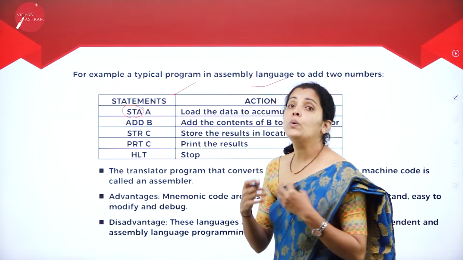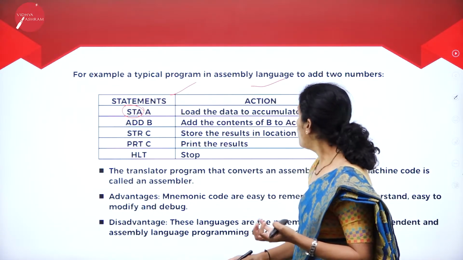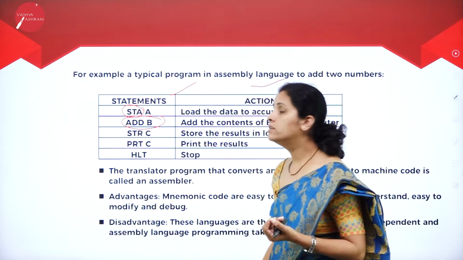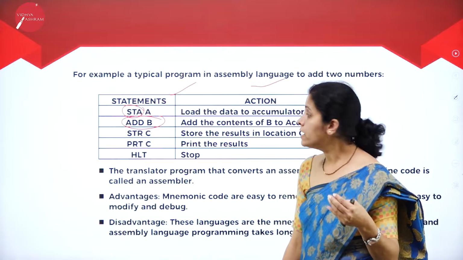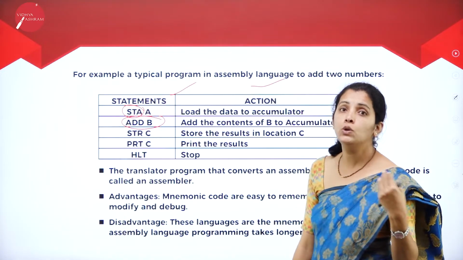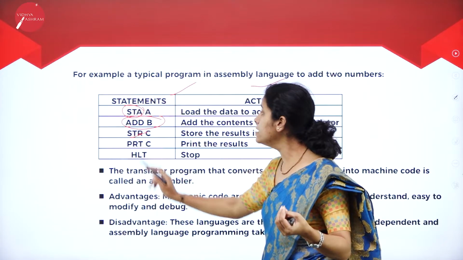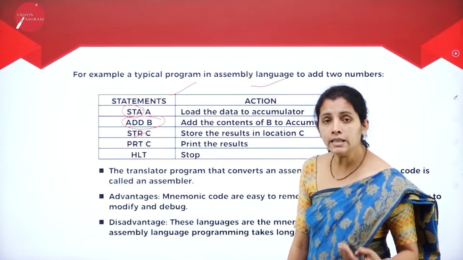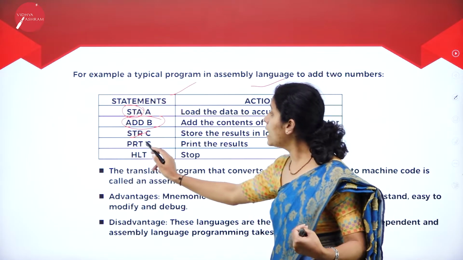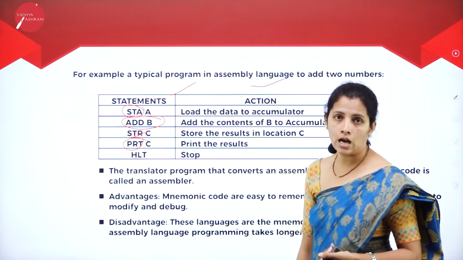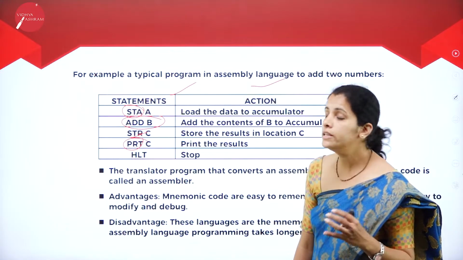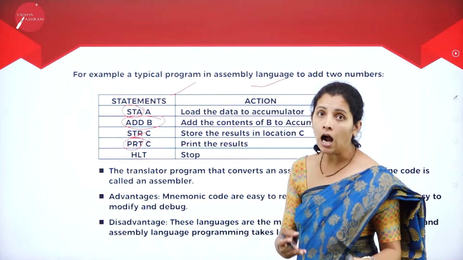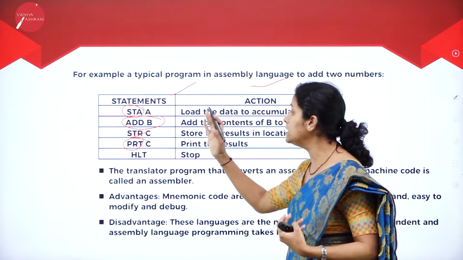Then if I want to add the content of B with the accumulator, I have ADD B. And after adding, if I want to store the result in the location C, I have the mnemonic STR C. And if I want to print the result, I have the mnemonic PTR. That means print or output the C. Now, if I want to stop, I have halt, that is nothing but HLT.